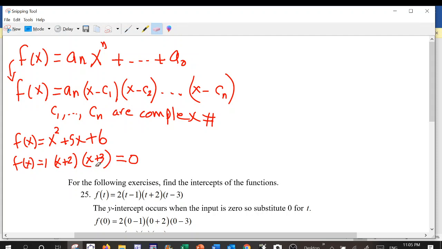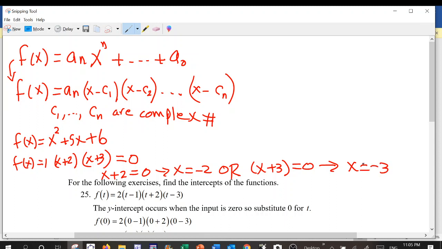If these are real numbers, to solve this equation we set this equal to 0 and get -2, or set the other one equal to 0 and get -3. So if we have factors like this, and these are real numbers, the opposite of these numbers, you see, this is +3 but that's -3. This is +2, this is -2. The opposites of these numbers are x-intercepts of this function when you graph it.